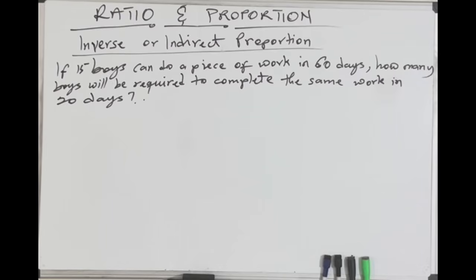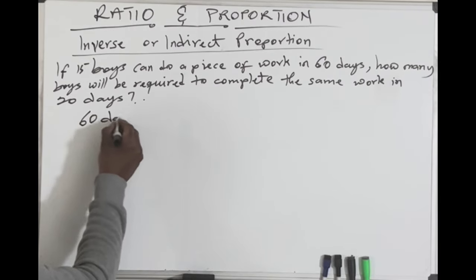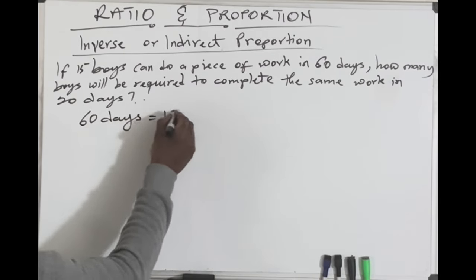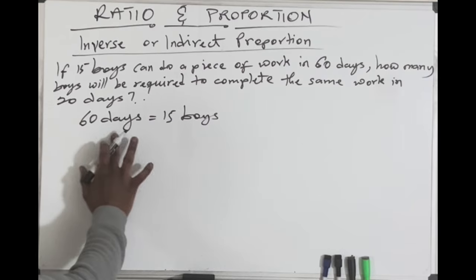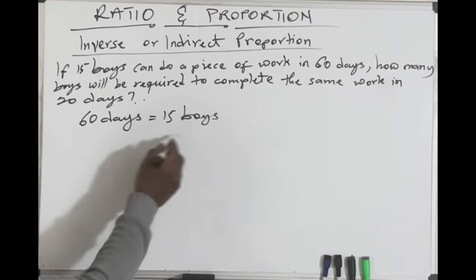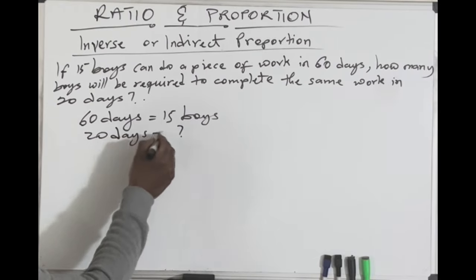Now, if 60 days is equal to 15 boys, then 20 days will require more boys to complete the same work, right? Yeah, because 15 boys completed it in 60 days, then how many boys will complete it in 20 days?